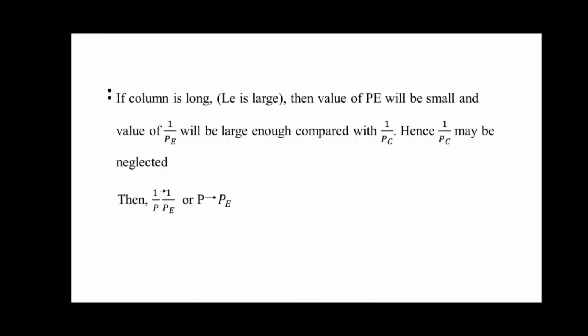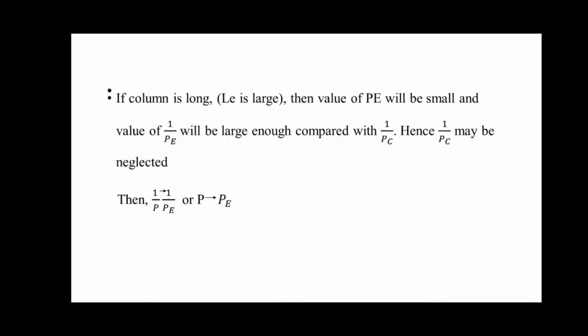Hence, 1 by P will be equal to 1 by Pe or P will be equal to Pe. So what we have concluded is, the crippling load by Rankine's formula for a long column is approximately equal to the crippling load by Euler's formula for a long column.